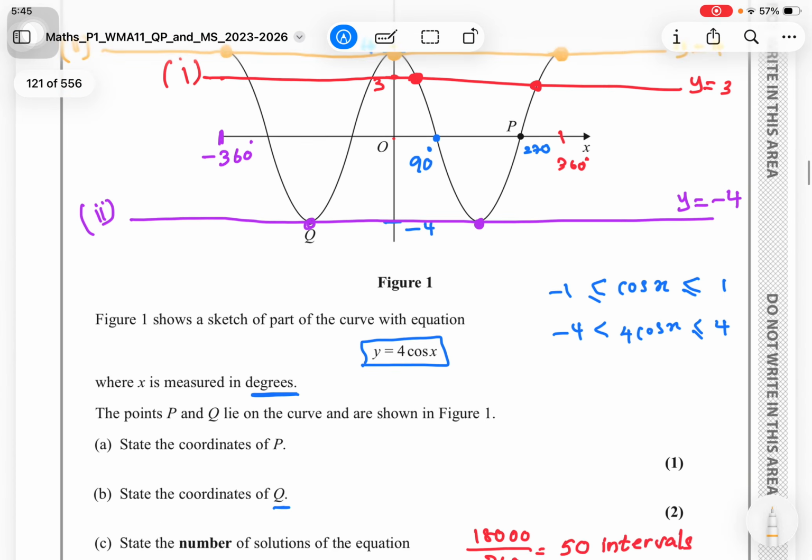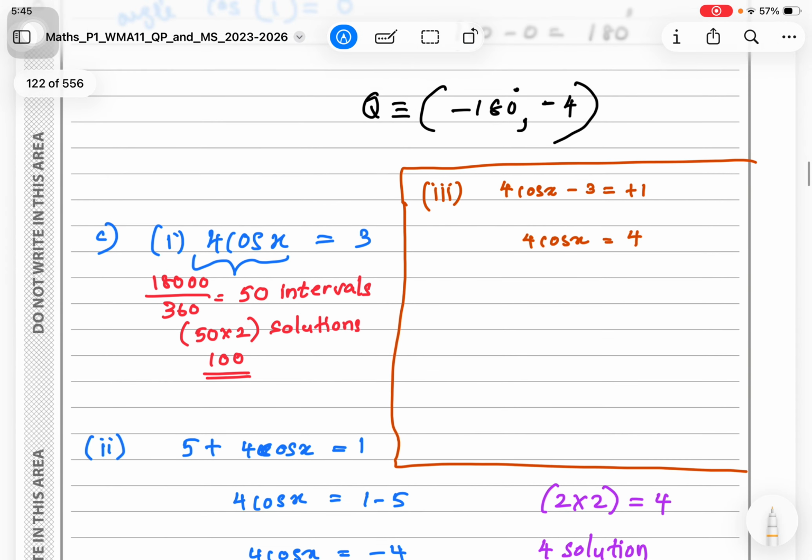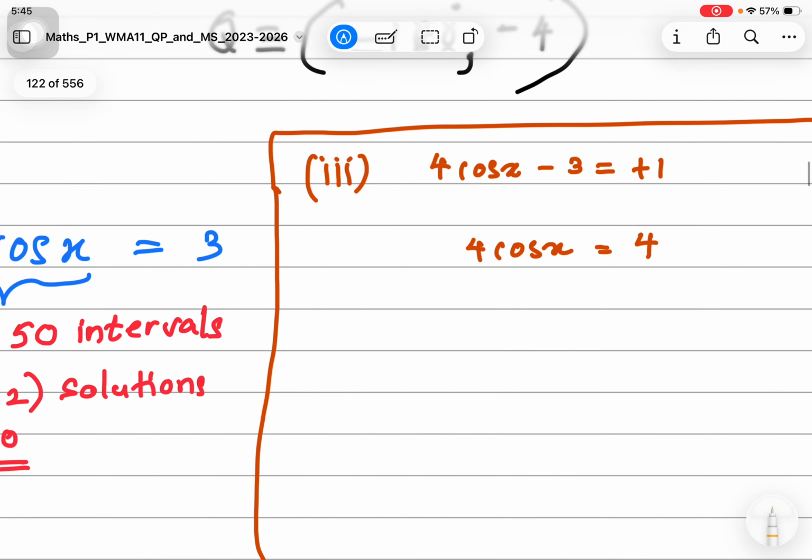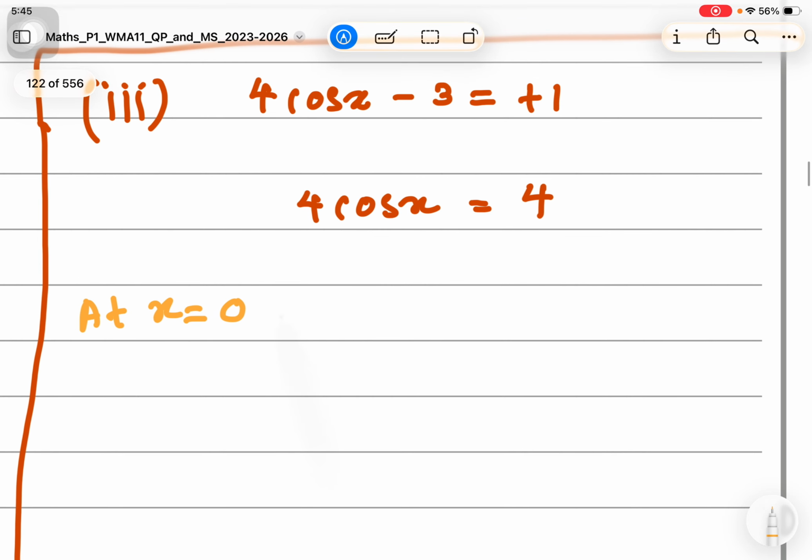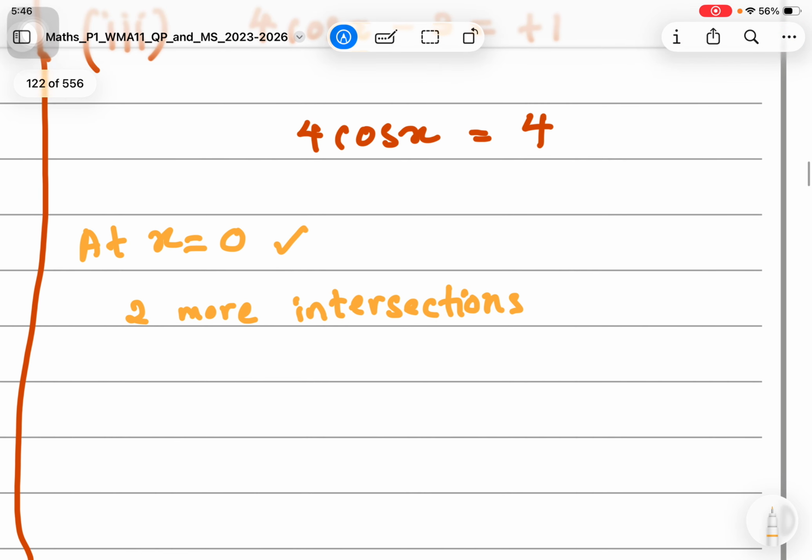Okay. Now we know at x equals 0 there's 1 intersection point, and there are two more intersections which will repeat in every corner. Now they're talking about negative this thing.